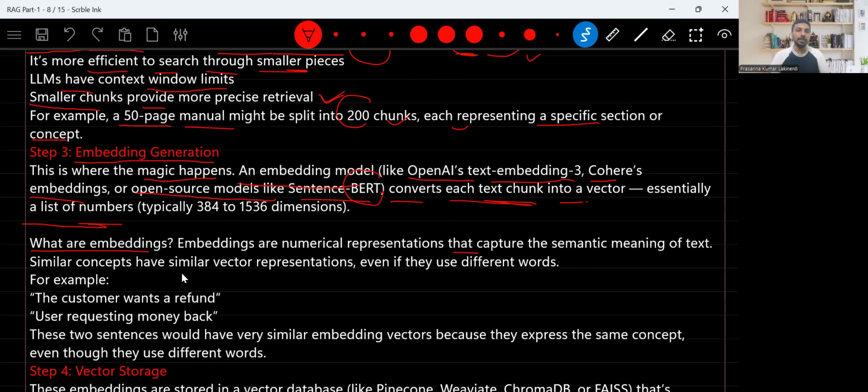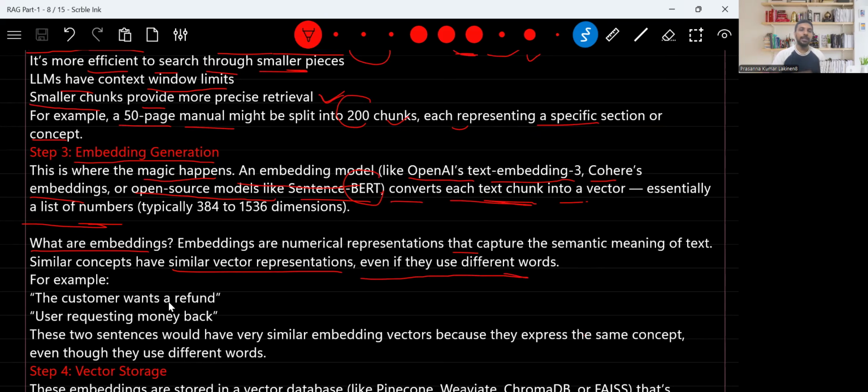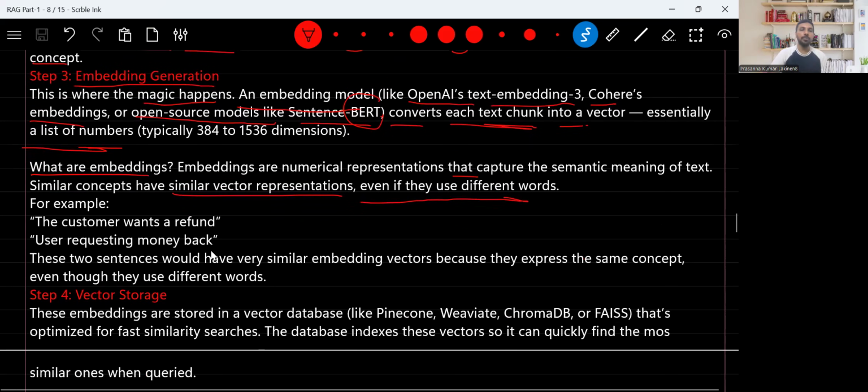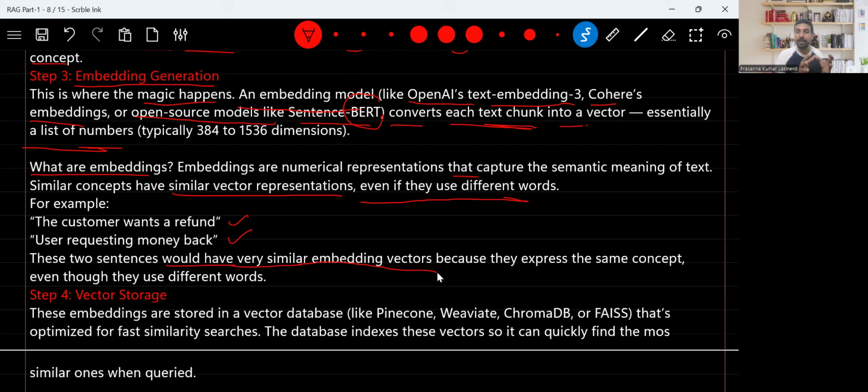So similar concepts have similar vector representations even if they use different words. For example, 'the customer wants a refund' and 'user requests a money back'. These two sentences would have very similar embedding vectors. That means vectors which are similar will be kept in one place, so that when you have a similar query, those vectors will be retrieved.